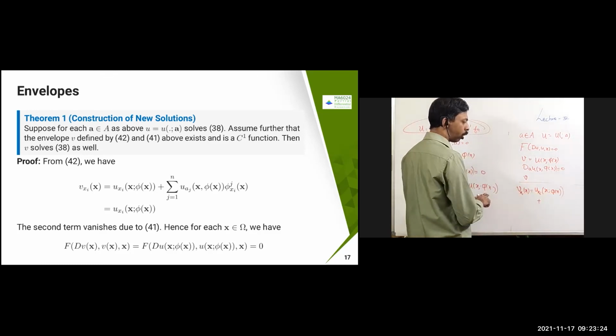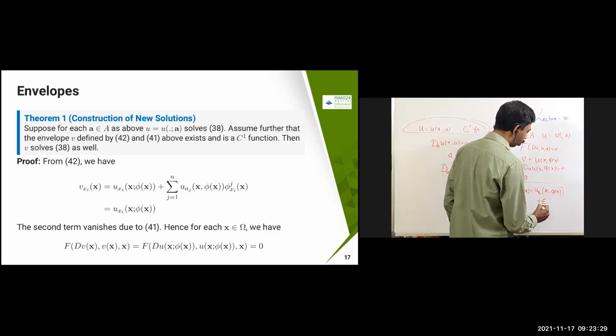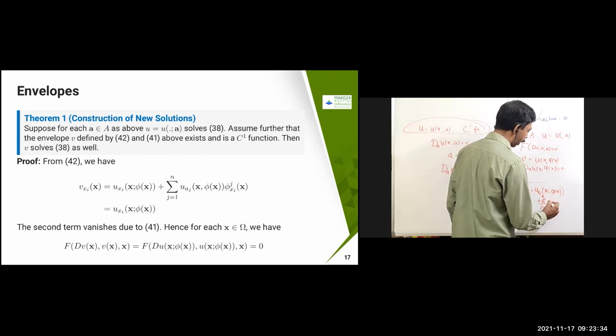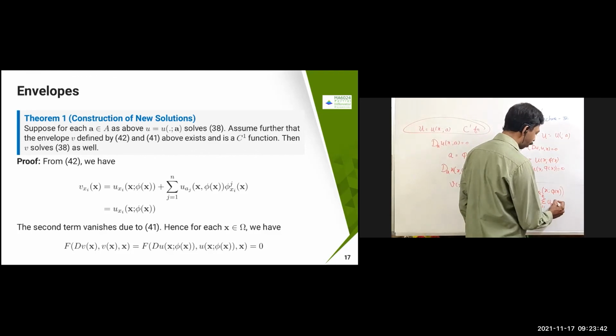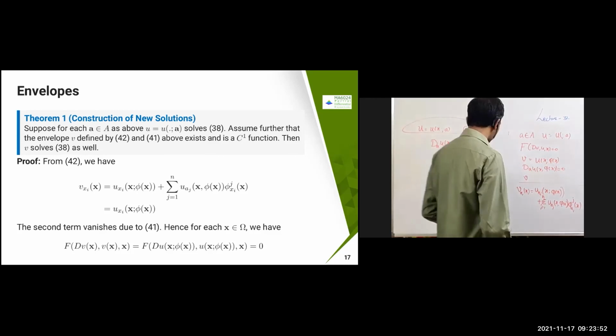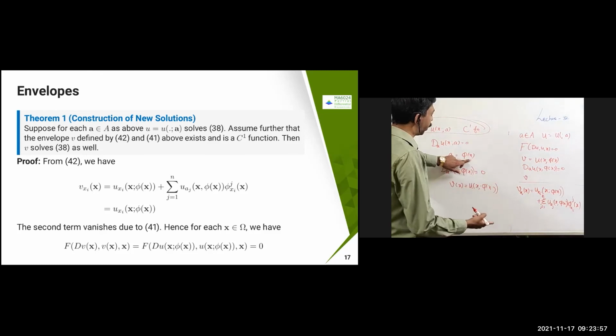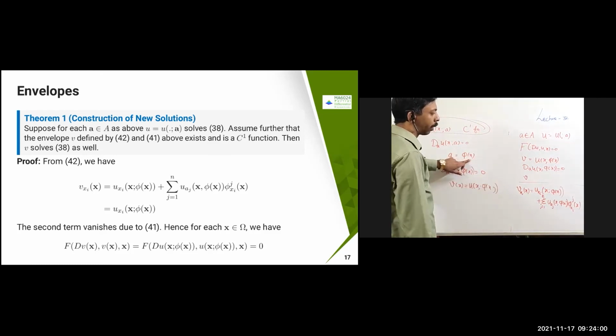Now again this one I have to differentiate, but it depends on a. Therefore this is going to become the summation j equal to 1 to n of u_aj(x, π(x)) times π_j,xi(x). Because x has n variables, you have to differentiate once again with respect to x, so π_xi j is going to come.